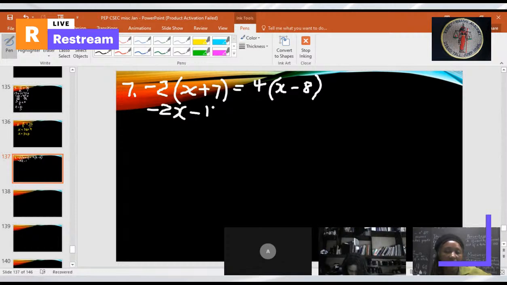All right, so now we go over to the right-hand side, and what do we do? We multiply the 2 terms in the bracket by 4. So everything in the bracket, the x and the negative 8, we're going to multiply by 4. So 4 times x is 4x.